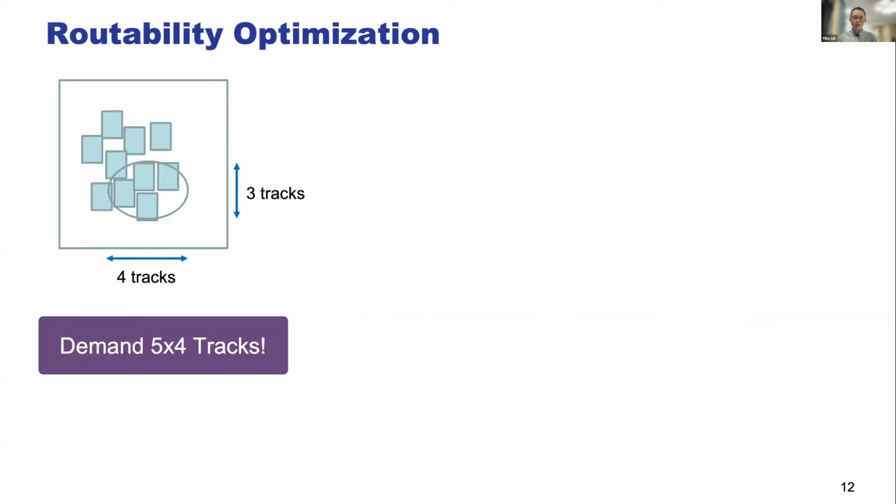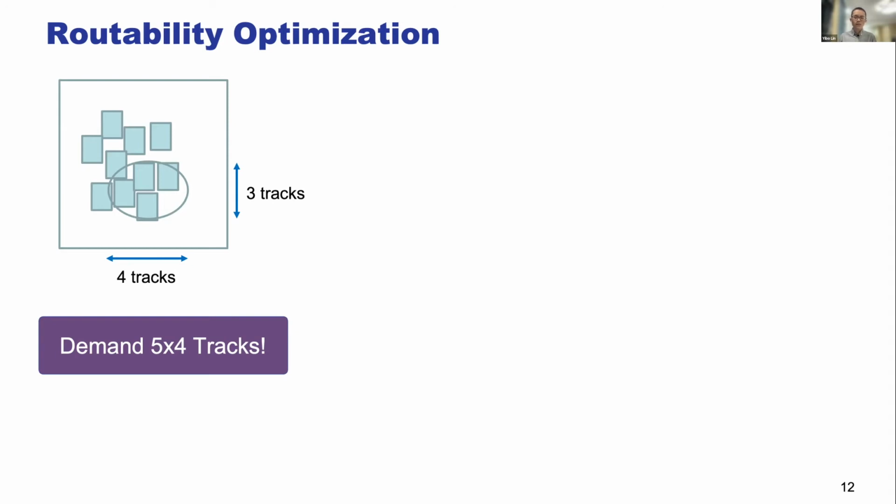So far, our placer can only optimize for wirelength with density constraints, which may cause routability issues. For example, we may have a local congested region that demands 5 by 4 tracks, but it only has 4 by 3 routing tracks available.